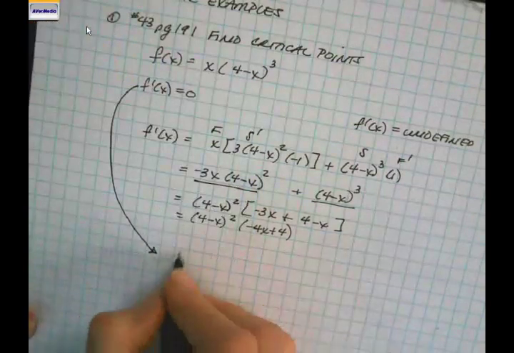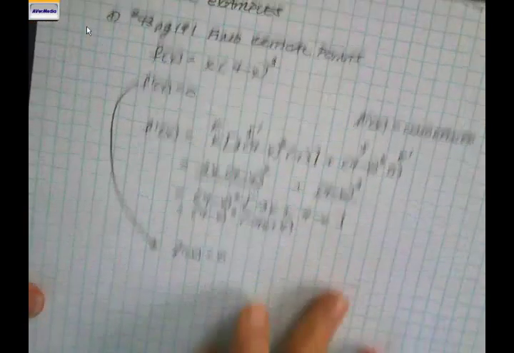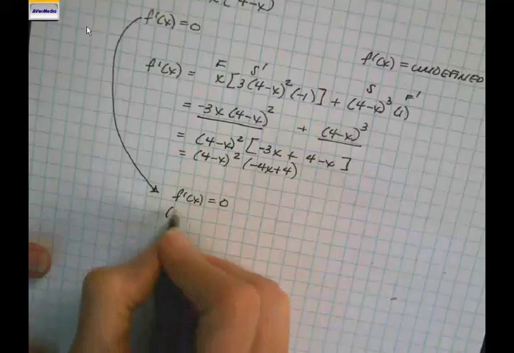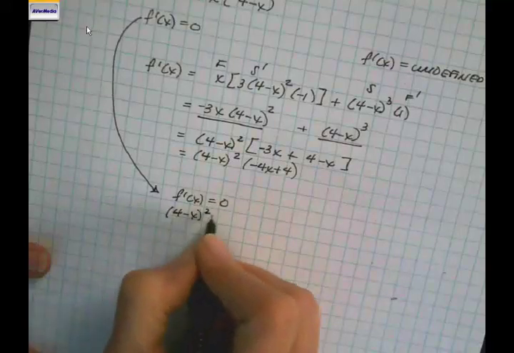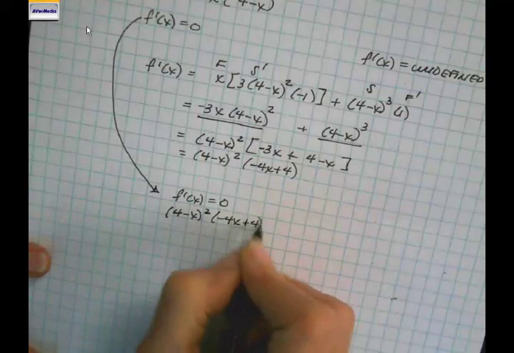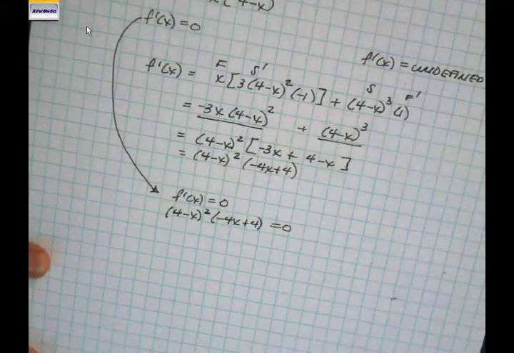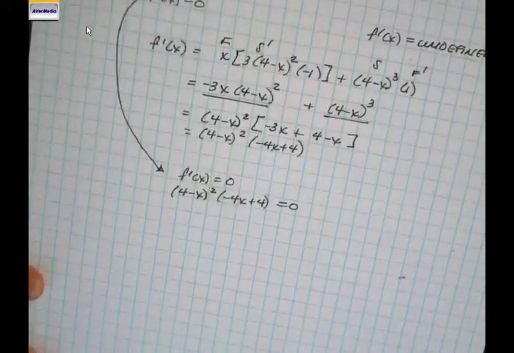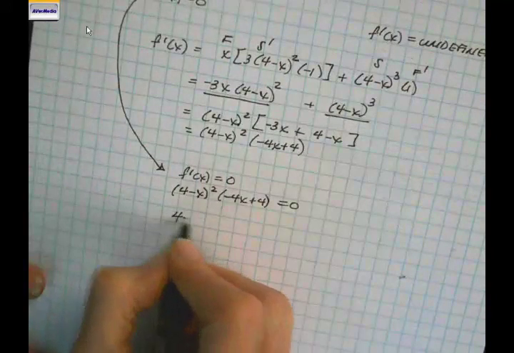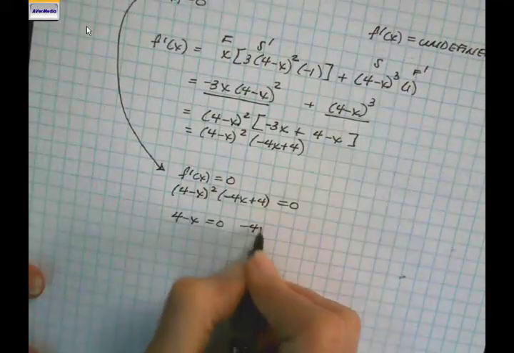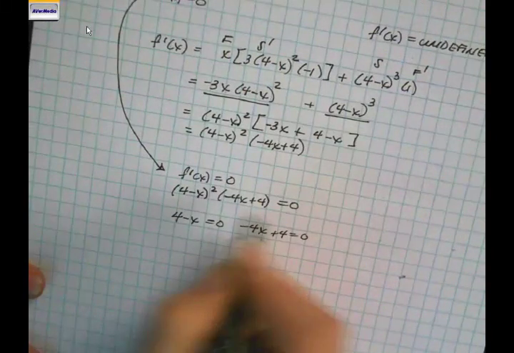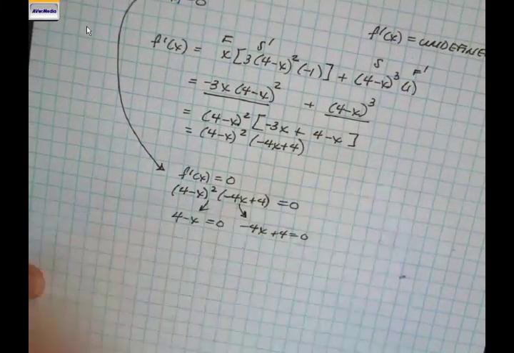So here comes the process. Setting this thing equal to 0 to see what critical values we come up with is to set this (4 minus x) squared times this (-4x plus 4) all equal to 0. This is called the zero product rule, which means you set the 4 minus x equal to 0 and you set the -4x plus 4 equal to 0, right? You set the two factors equal to 0.